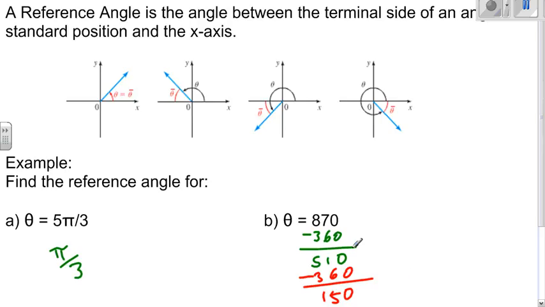Then for your reference angle, it's just asking how far away from the x-axis. So how far away from 180 degrees? It's only 30 degrees away. You can always just do 180 minus whatever you have. So our reference angle will be 30 degrees. It would be 30 degrees above the negative x-axis in quadrant 2.